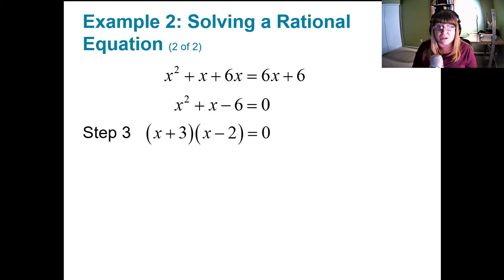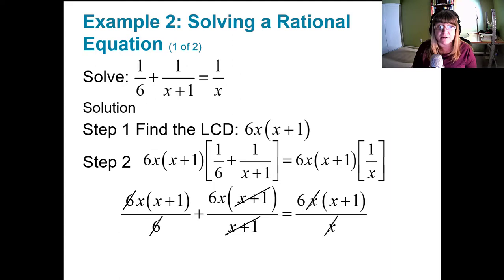I'm going to bounce over to the original equation here. Because we have x in the denominator, we do need to be very aware of what x is not allowed to be.